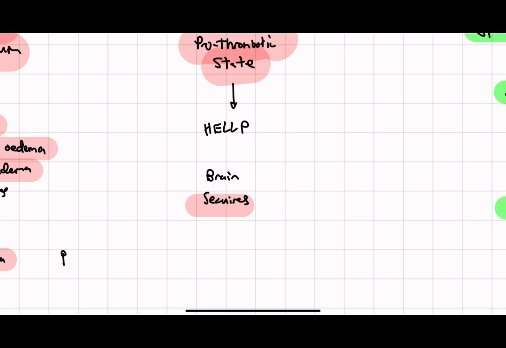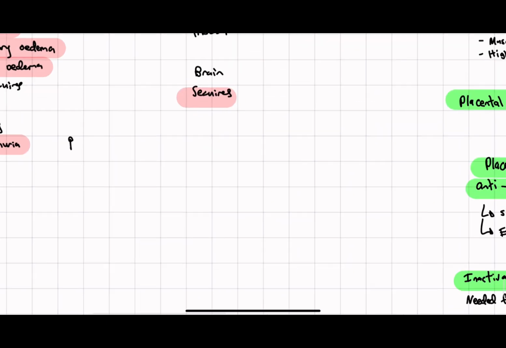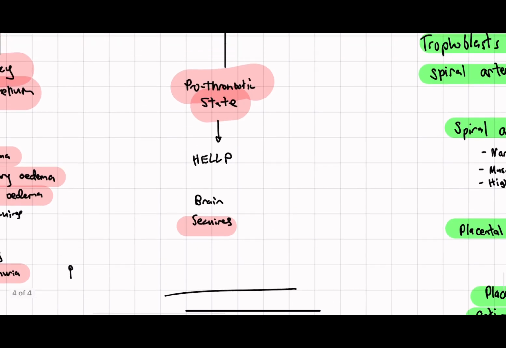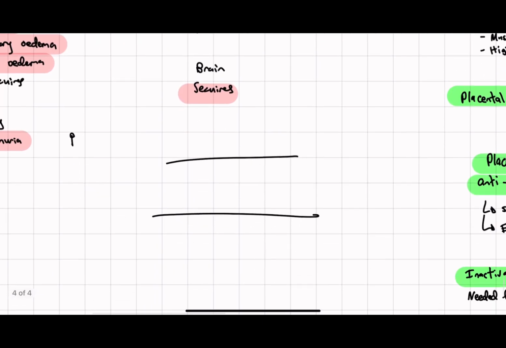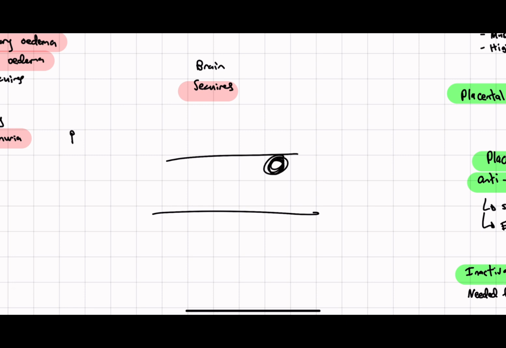So what is HELLP syndrome? Let's delve into this. Basically, if you imagine a blood vessel over here, that's a normal blood vessel. But now, because we're in a prothrombotic state, you can have all these clusters of platelets and platelet plugs that form here.